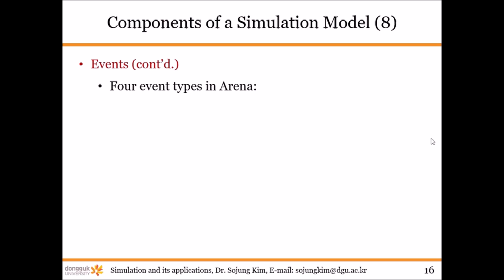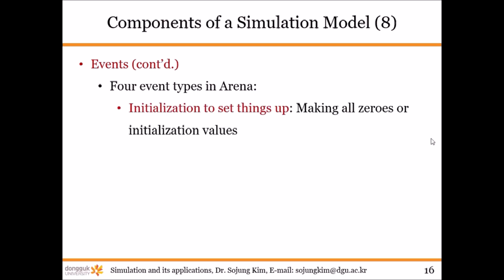However, in Arena there are 4 types of events. One is initialization, to set things up, and this is the first type. It sets everything to zeros or initial values.